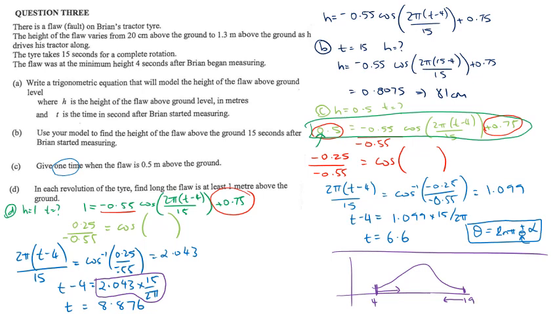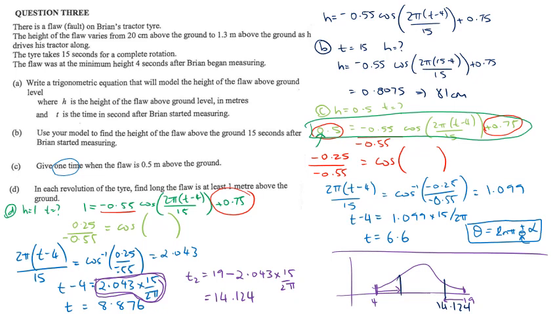I'll subtract that part there from 19. So my time 2 is 19 minus 2.043 times 15 over 2 pi. That gives me an answer of 14.124.